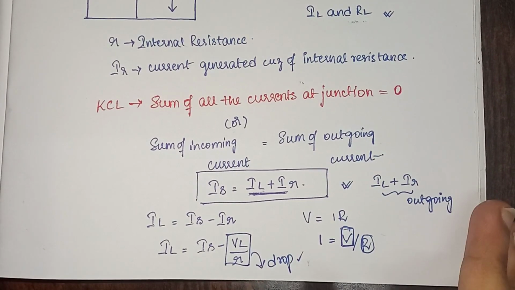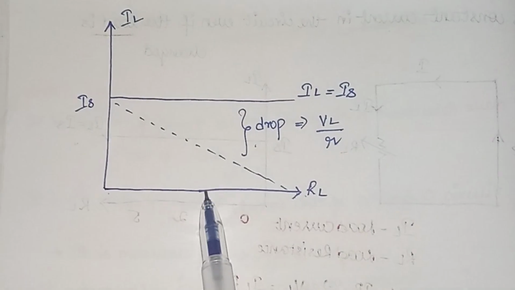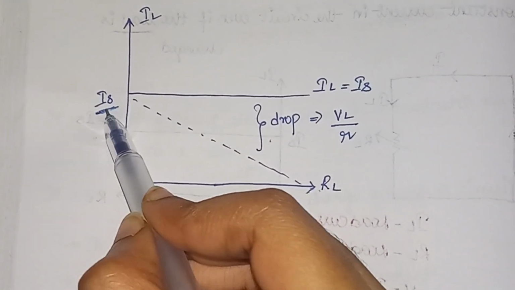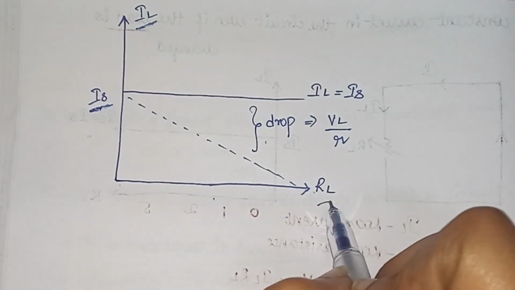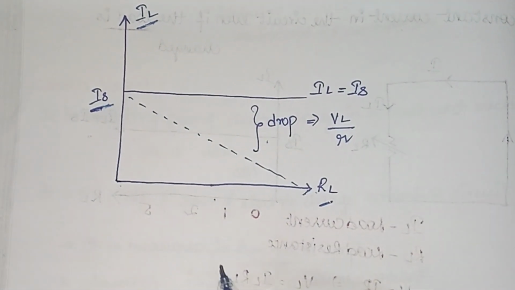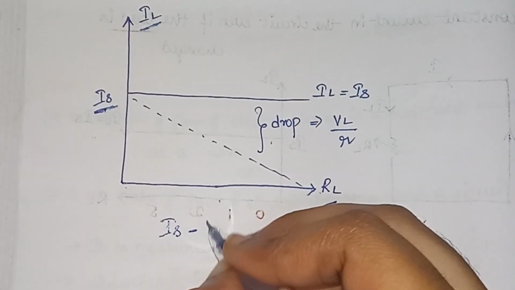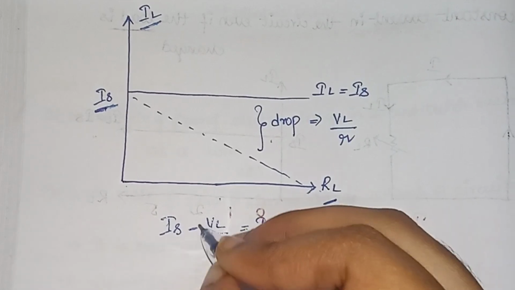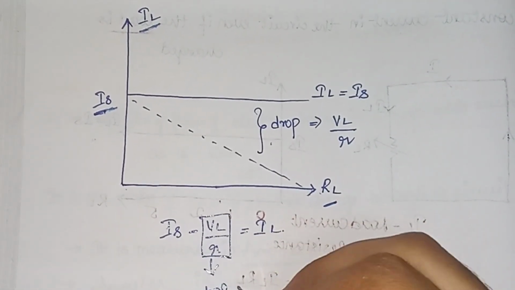Now let's see the graph of this particular concept. So this is the graph we have. IS is the current source, this is our load current, and this is our load resistance. According to the equation we have IS minus VL by R is equal to IL. So this VL by R will be our potential drop.